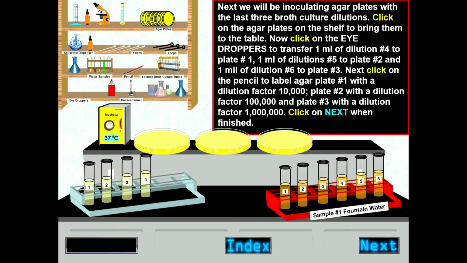Next, click on the pencil to label agar plate 1 with dilution factor 10,000, plate 2 with dilution factor 100,000, and plate 3 with dilution factor 1 million.